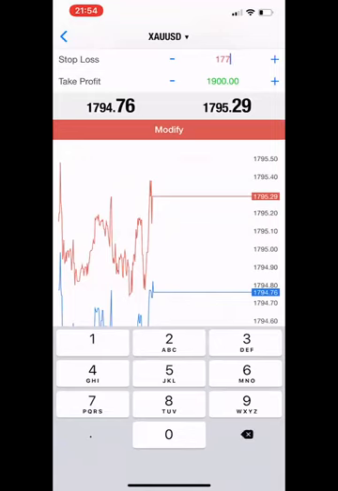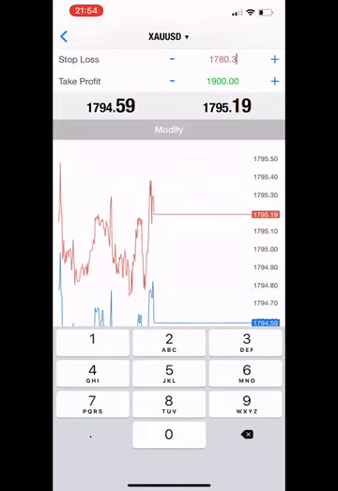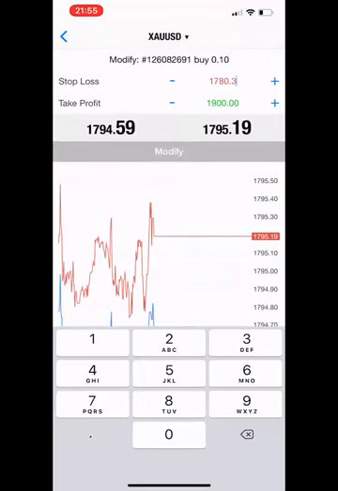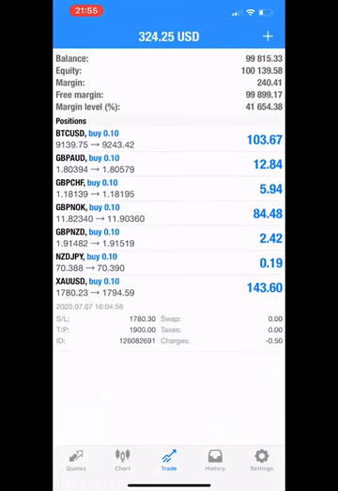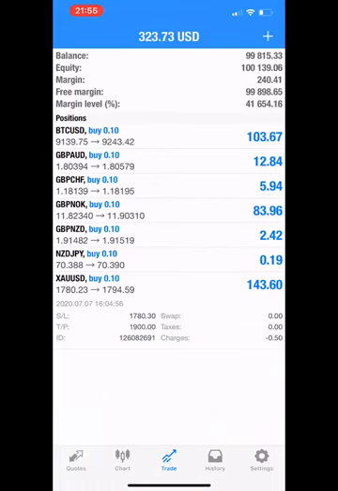I deleted this and I now put my stop loss as to where I entered the trade, which is here. So now, if you look at my entry, it is 1780.20. My stop loss is now 1780.30. This means this is now a risk-free trade.